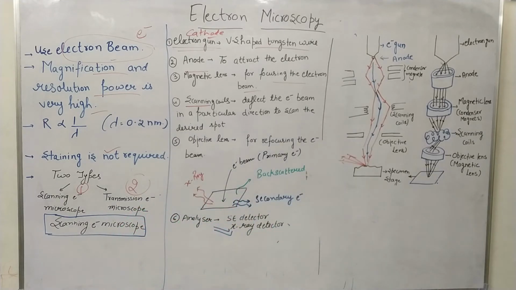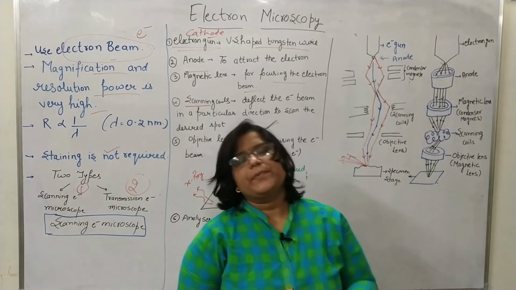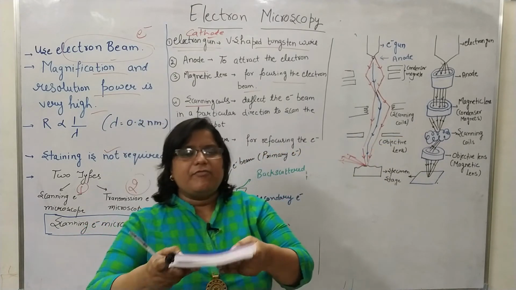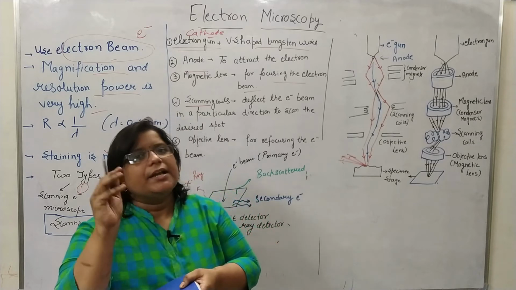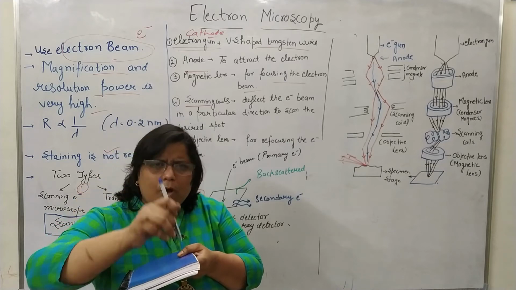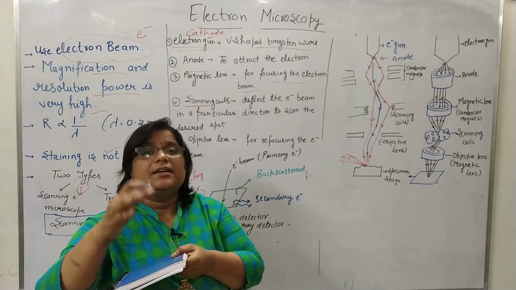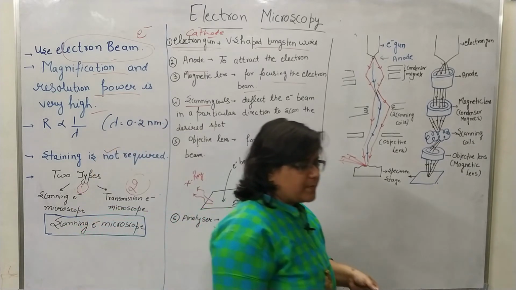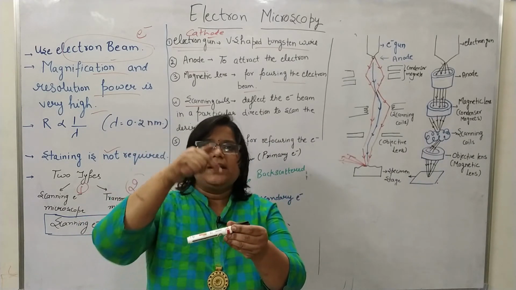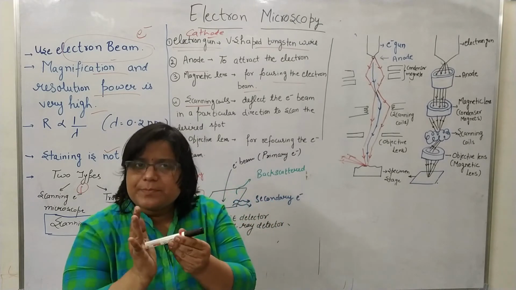Just see here, the magnetic lens or condenser lens focuses the electron beam, and the scanning coil will properly point that beam towards the specimen. The scanning coils will deflect the electron beam towards each and every point of the specimen.